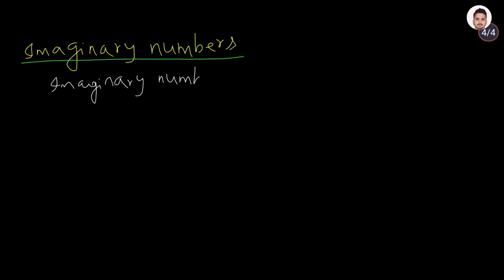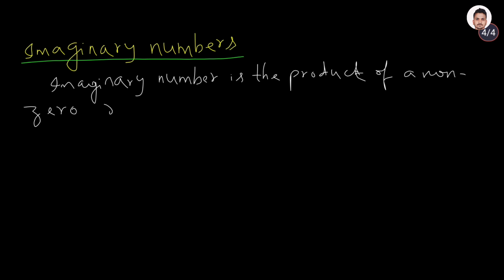An imaginary number is the product, product means multiplication, of a non-zero real number and the imaginary unit.